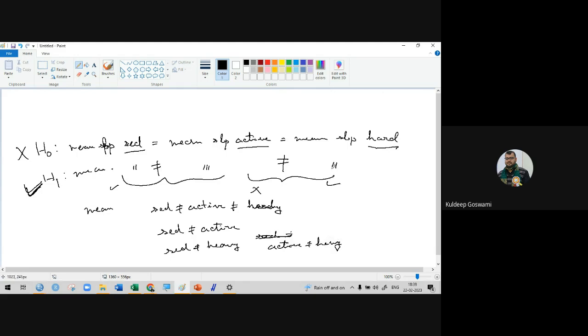As a whole, the analysis will give you only this result: some or one of them is not equal.